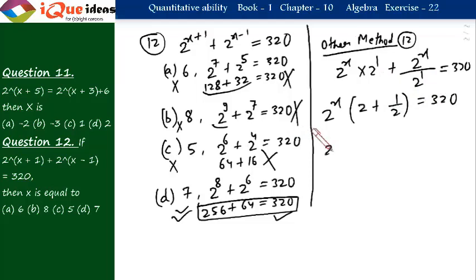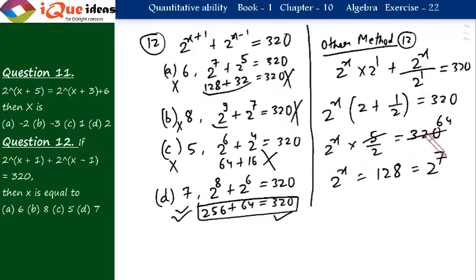So it is 2 raised to x into 4 plus 1, 5 by 2 is equal to 320. Now divide 320 by 5 to get 64. So you get 2 raised to x is equal to 2 into 64, which is 128, which is 2 raised to the power 7. So you get x equal to 7 as your answer.